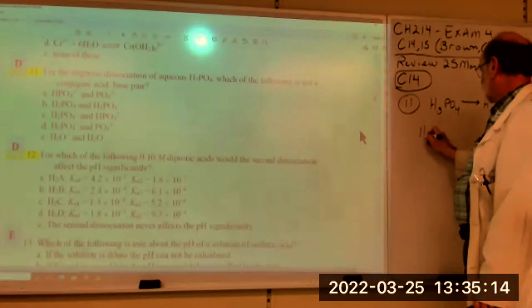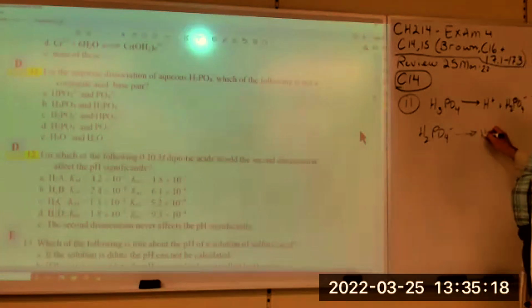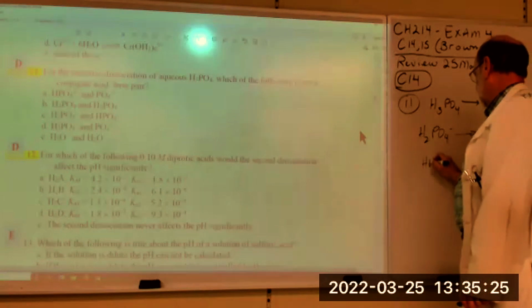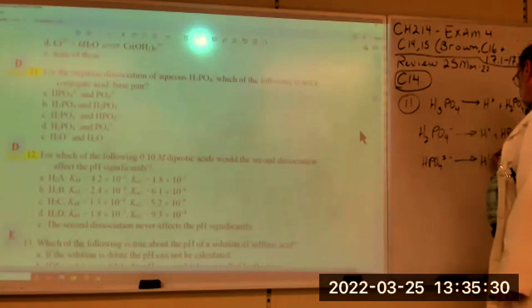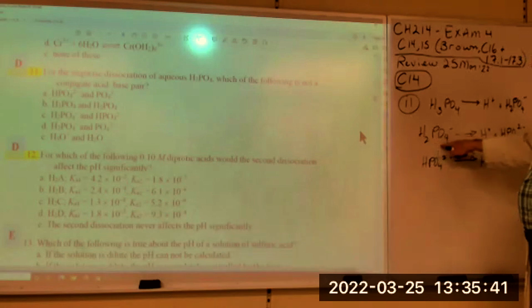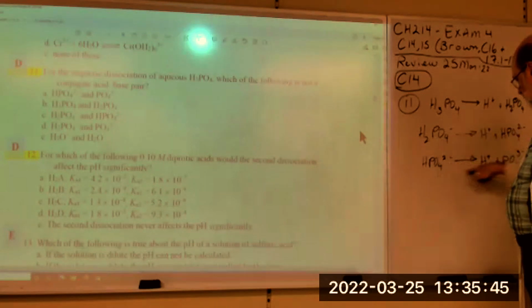Then we would take H2PO4 minus and give up another proton, HPO4 2 minus, and then HPO4 2 minus gives another proton plus PO4 3 minus. So that's the stepwise dissociation. This conjugate base becomes the acid for the next reaction. And this conjugate base becomes the acid for the final one.